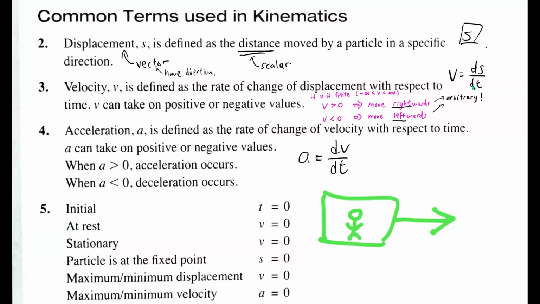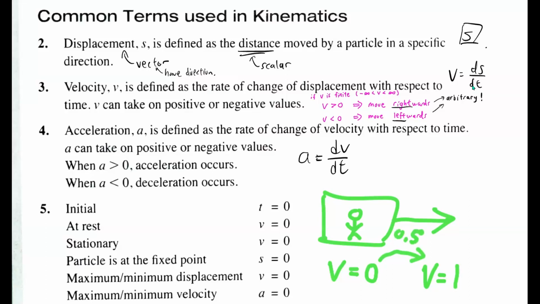When it's not moving, v is equal to 0, velocity is 0. Then eventually, as it starts moving, the v will increase. Let's say it rises to 1 meter per second. But in order to do that, there's an amount of time that passes, let's say 0.5 seconds.